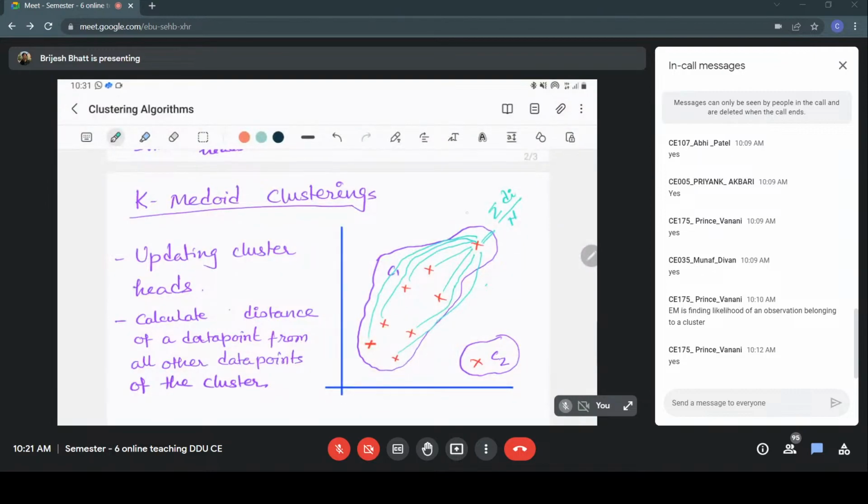In simple words, it is the average. So I will do this for every data point. For every data point inside the cluster, I will calculate this sigma d_i upon n, the average distance from all other points. Let's call it the average distance.